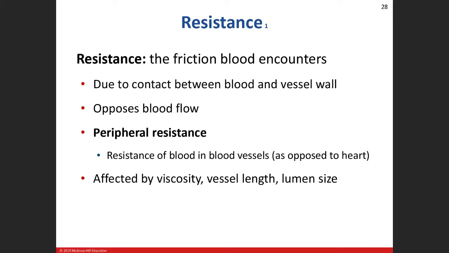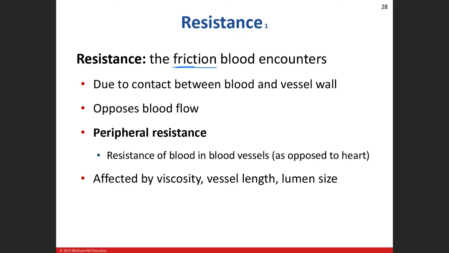But I have to talk to you about resistance. Resistance is futile. When we talk about resistance, if you like to take it from the physics standpoint, we'll talk about friction.